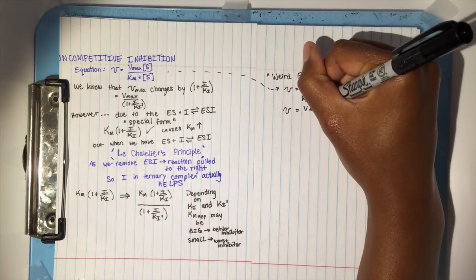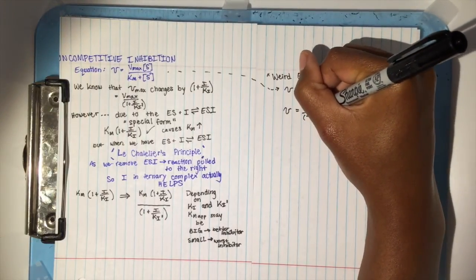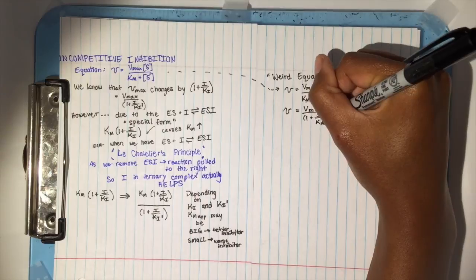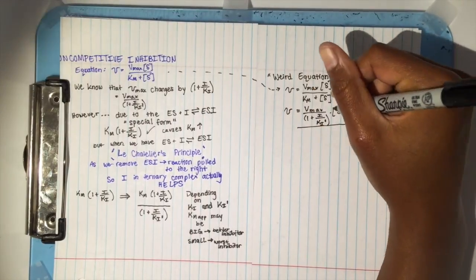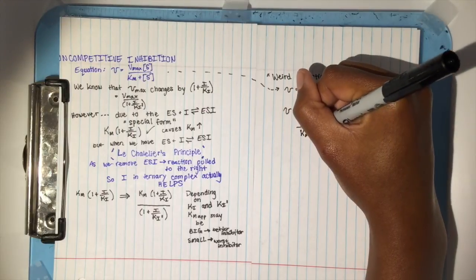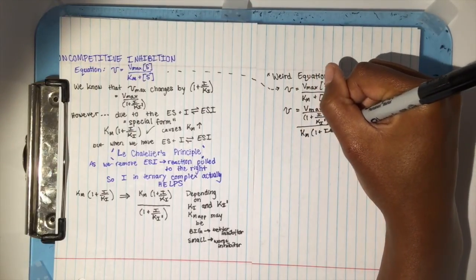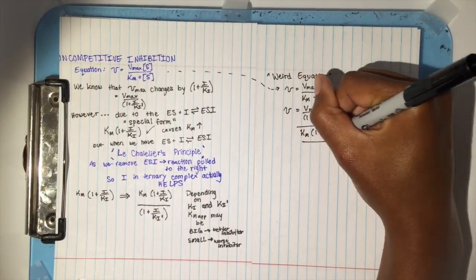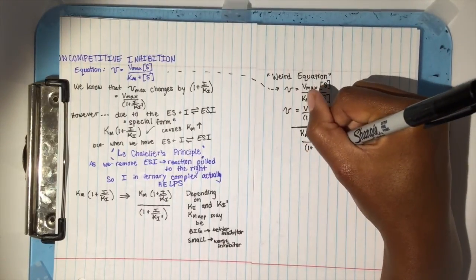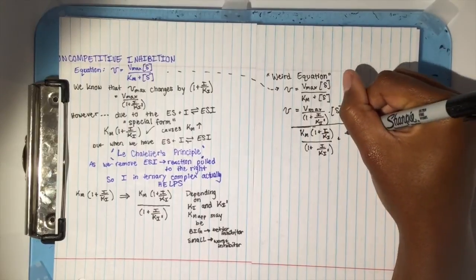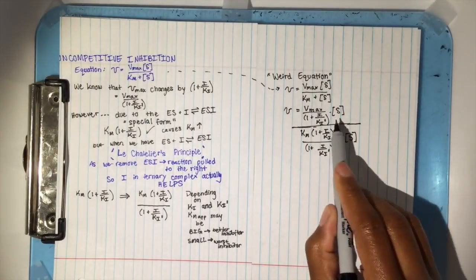So V equals Vmax over 1 plus I over Ki prime times S all over Km times 1 plus I over Ki, no prime, which is then over 1 plus I over Ki prime, plus substrate.